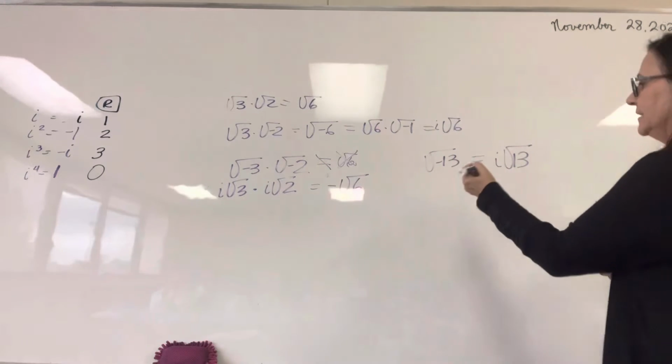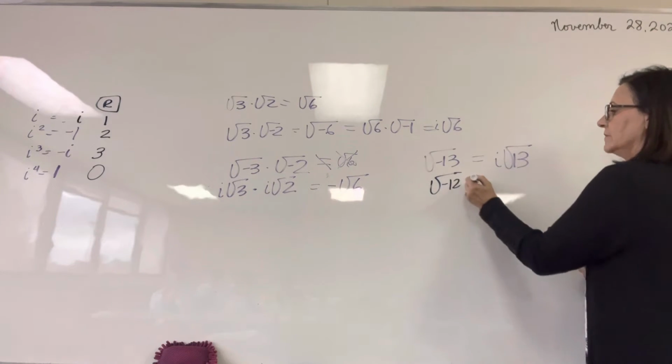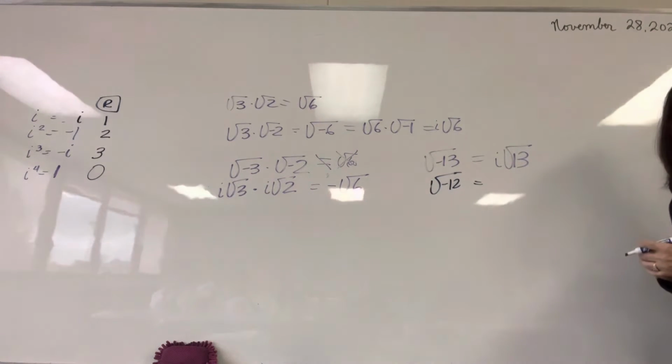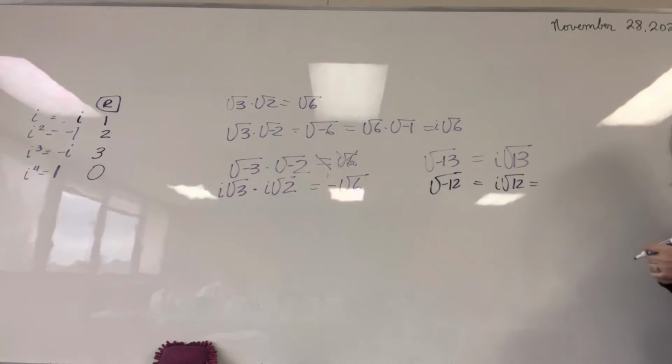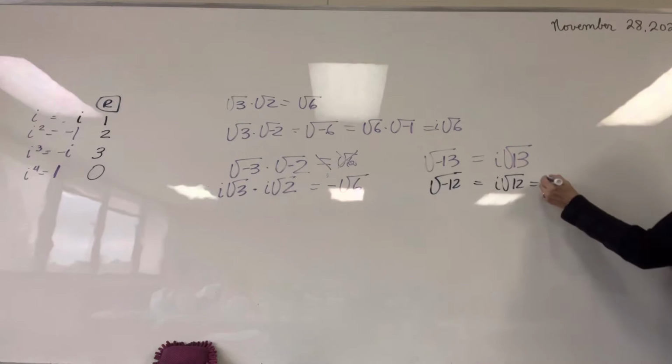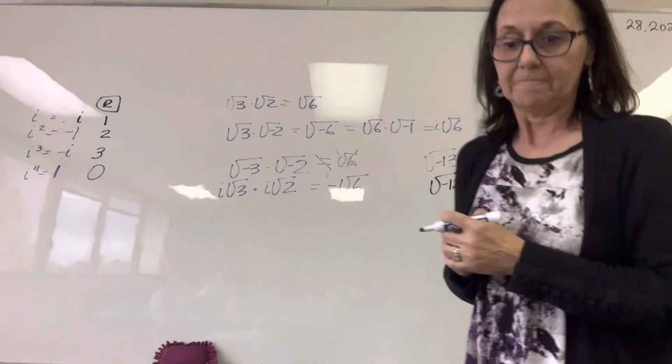What is the square root of negative 12? Elliot? i square root of 12. Can you simplify that? That would be 2i square root of 3. Correct. Everybody got it?